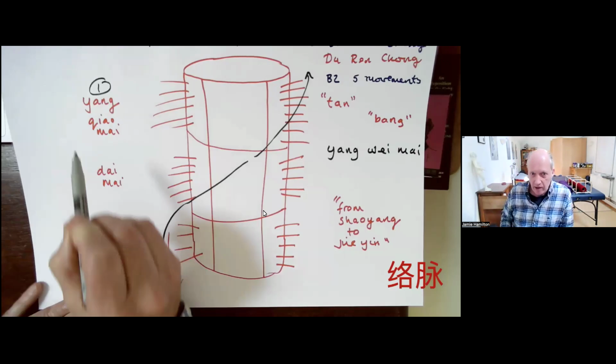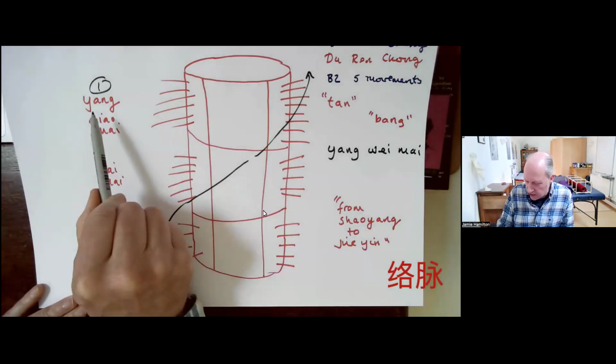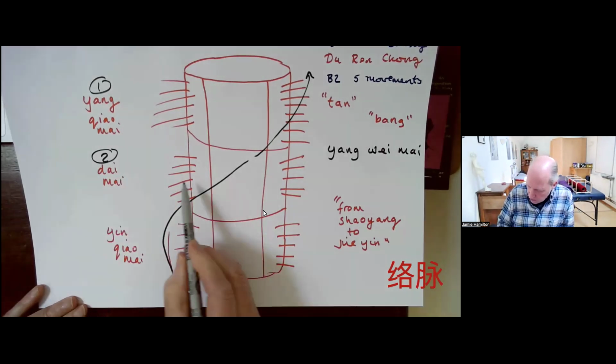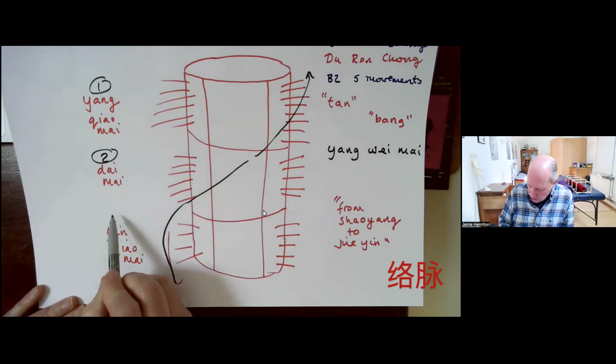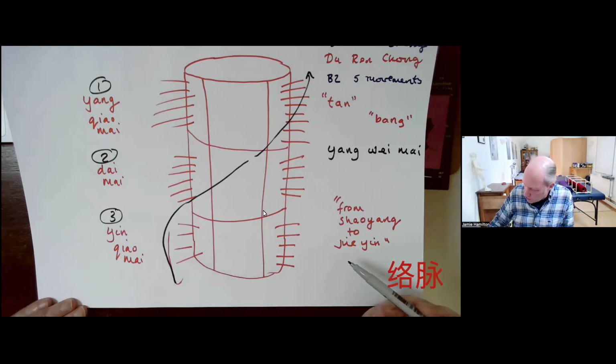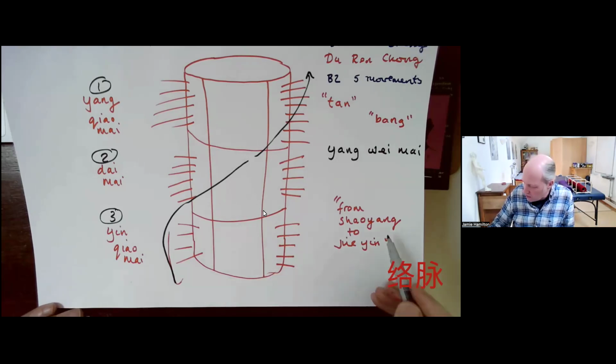Okay, just recap. Left and right at the top is the Yang Chao Mai. Second one, the Dai Mai, left and right in the middle. The third one, the Yin Chao Mai, left and right at the proximal end. Then it goes from Shao Yang to Shao Yin. This is exactly what the text says. And the meaning of this is the same as that map I just showed you.